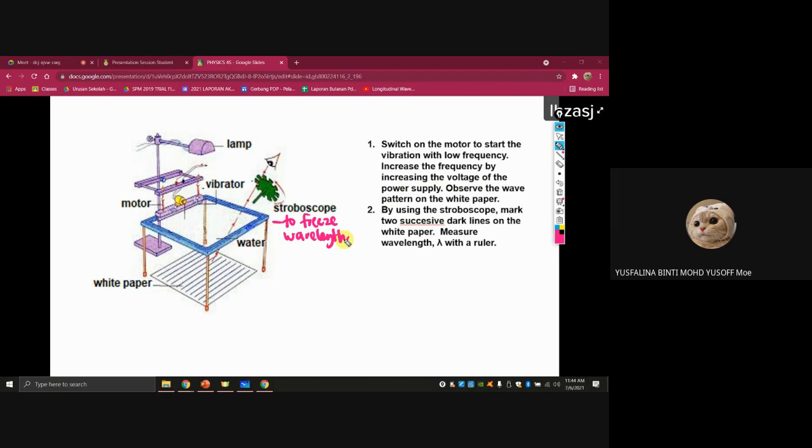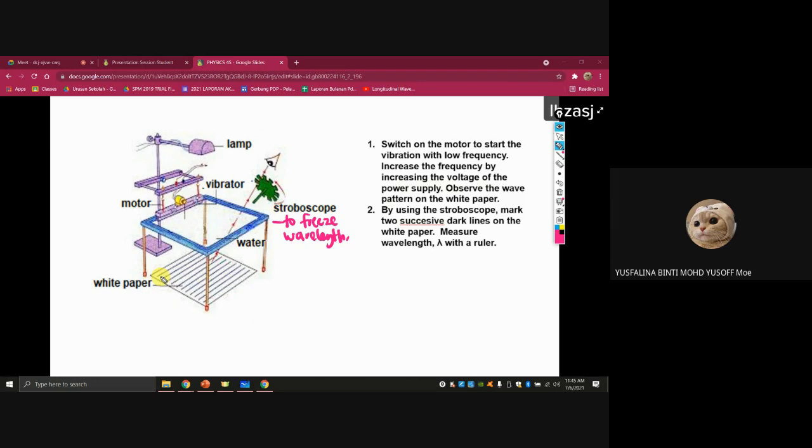Another thing, you can measure the wavelength using your ruler. When you freeze the water wave, you can see the lines below it, and you can measure the wavelength by using a ruler.